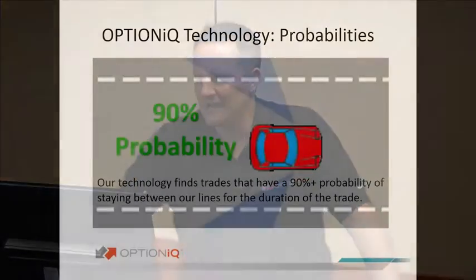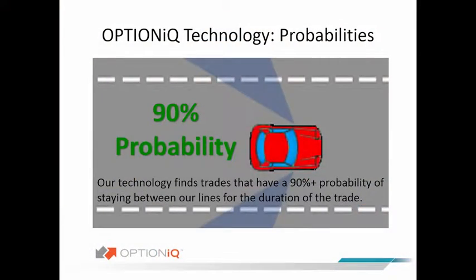All right. Now I want to segue into probabilities. Now, earlier we talked about the Option IQ system. One of the 3 keys to the software and the way we've set it up is what's called high probabilities. So what I want to talk about right now is what high probability means in our trades. So if you look at your slide, this shows essentially a lane.